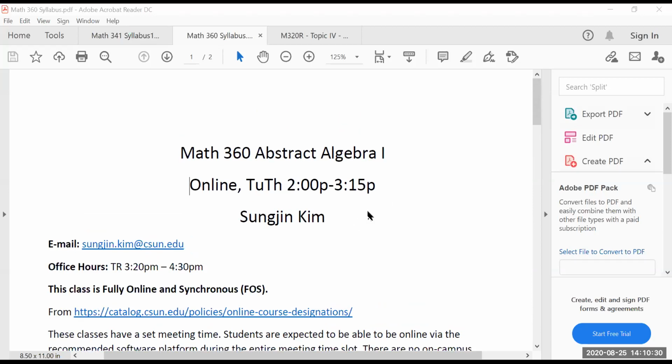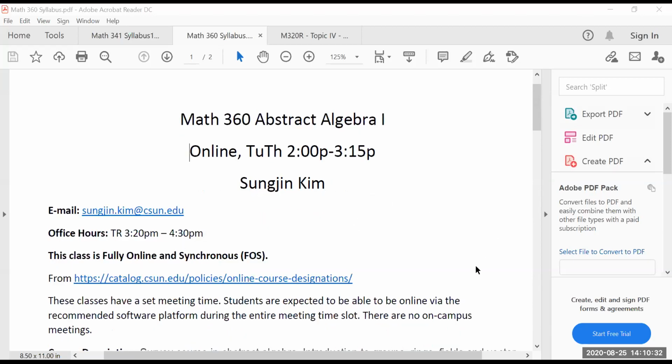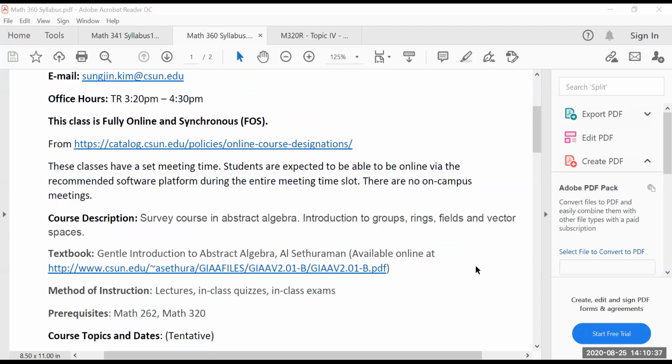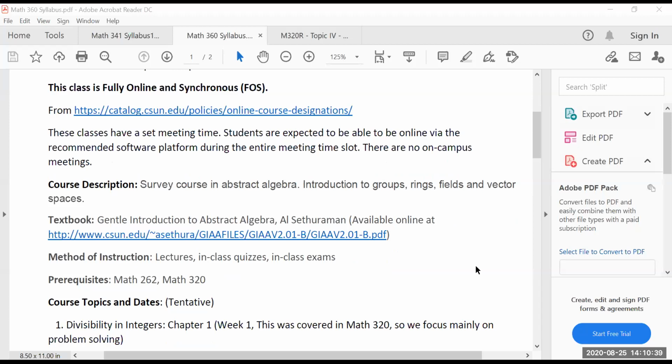Will we have quizzes? When will we have quizzes? They will be announced 1 week in advance, and they are mostly based on the homework problems. How many questions are we going to have on the quiz?